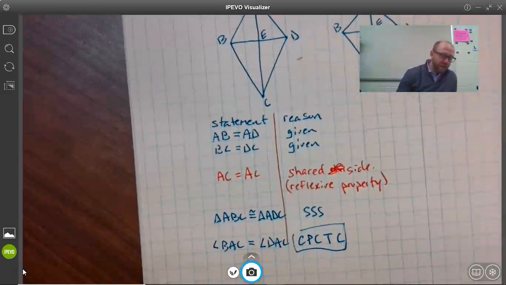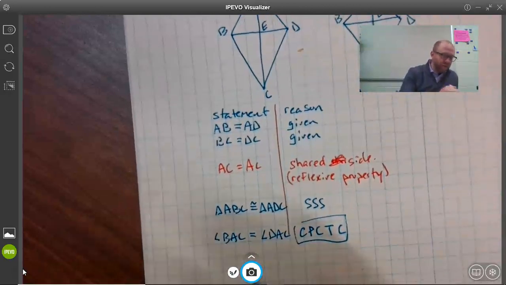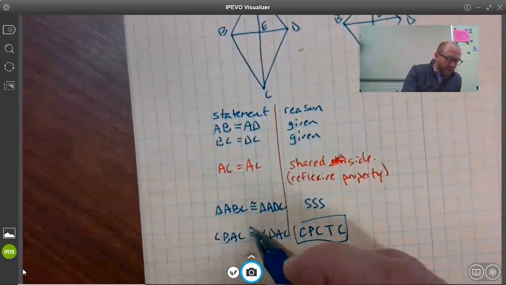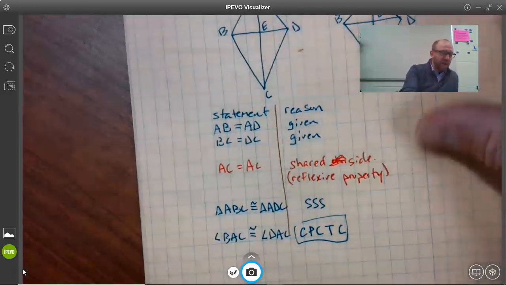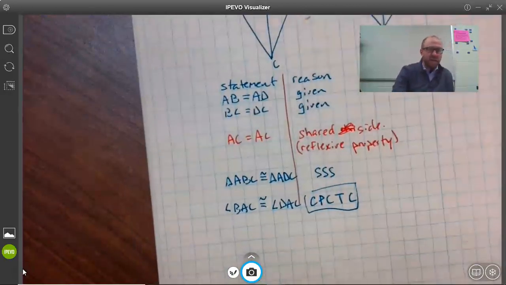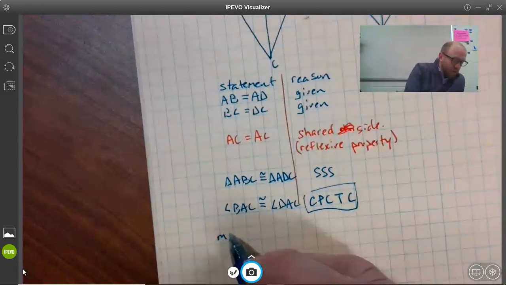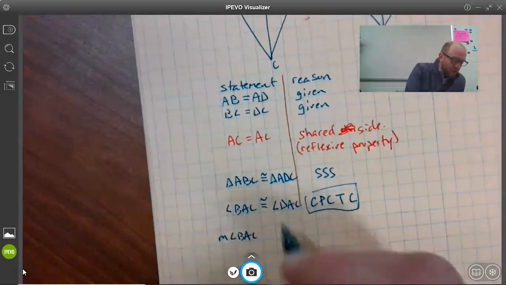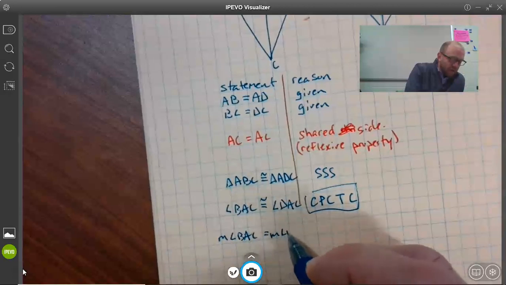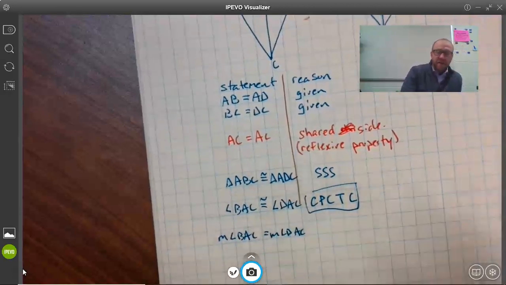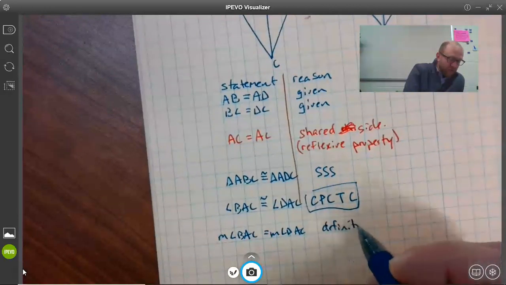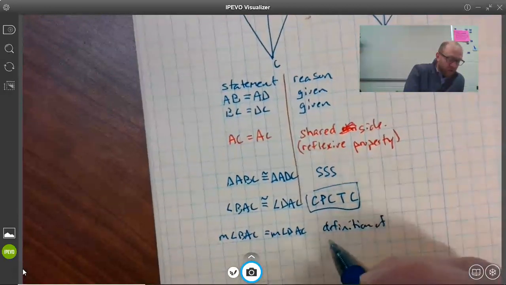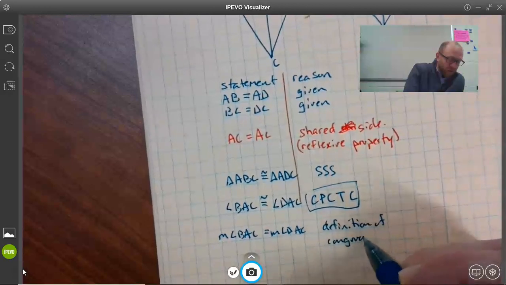Now, technically, I'm just going to toss this in. We should say that the angles are congruent, not equal. And you might often see this add-on reason here, that measure of angle BAC equals measure of angle DAC, and our reason for that is definition of congruence.